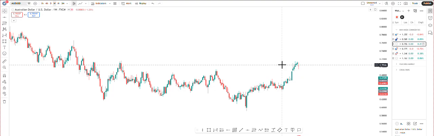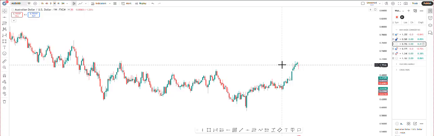Australia is the largest producer of iron ore, and China is their biggest participant. So when there is economic uncertainty, people don't really go out to spend. They want to safeguard their portfolio, they want to buy the dollar, and be sure that everything is fine before they begin to spend again.